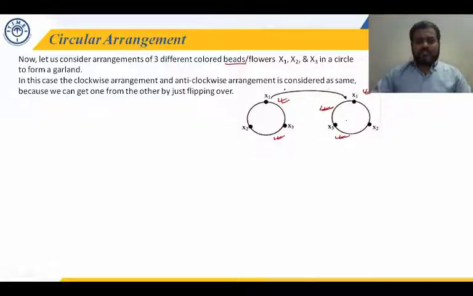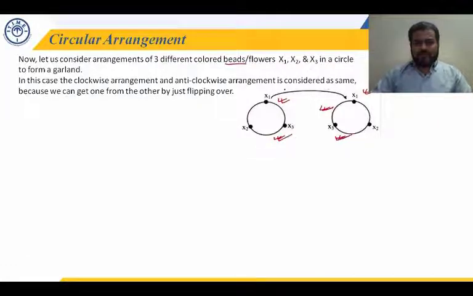This is not possible in case of arrangements of people. You can't pick the table and the people from beneath and just flip them over. That will not be the same arrangement, right? Whereas in the case of beads or flowers, you can consider them as nearly spherical objects. So if you pick the garland and flip it over, then you get the same arrangement.